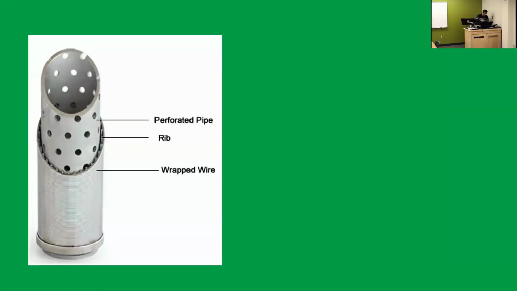Here's how it looks. Rib is the name of the solid that keeps the shield, the jacket, I guess, and the perforation inside safe.